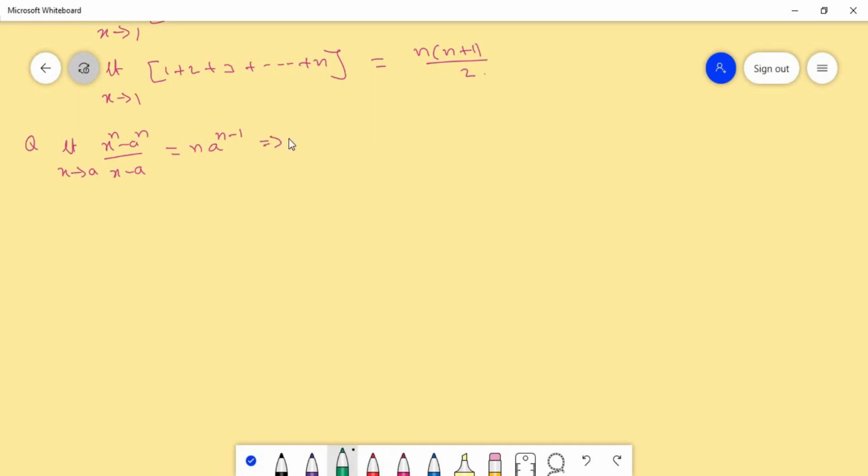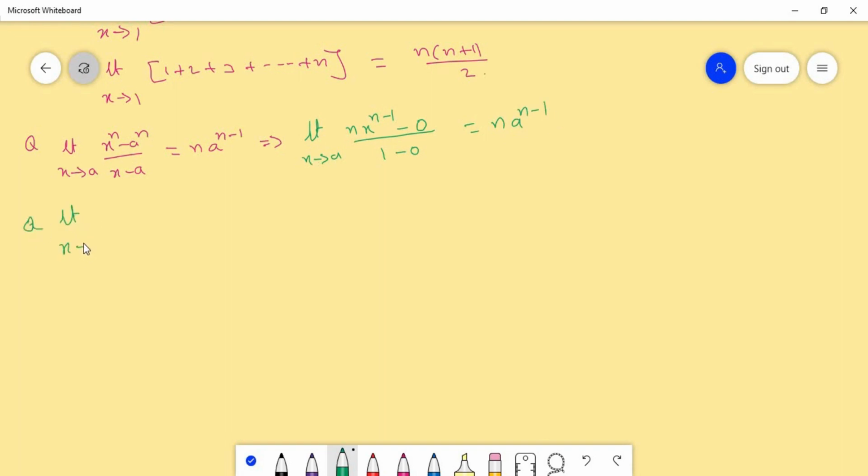See here, by applying L'Hospital rule, limit x tends to a, n into x power n minus 1. Minus a is a constant, that's why its derivative is 0, and also in the denominator 1 minus 0. Now in the place of x, apply a, then n into a power n minus 1. This is the derivation.